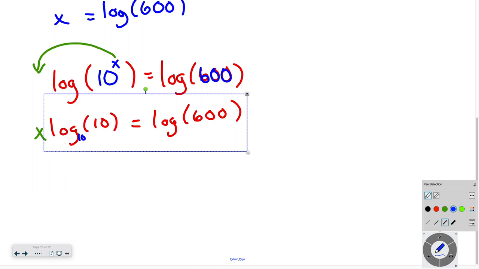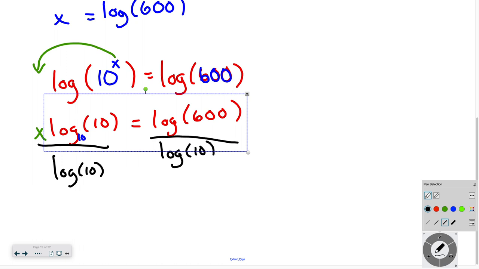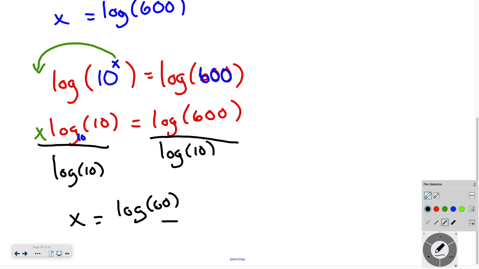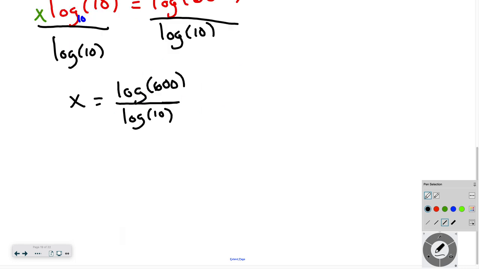If you don't recognize it now, then the next thing you're going to do is you're still trying to isolate x, so you would divide both sides by the log of 10, leaving you with x equals log 600 divided by log of 10. This particular example, we would need to simplify further because the log of 10 is 1. And this is going to break down to the exact same answer, log of 600.